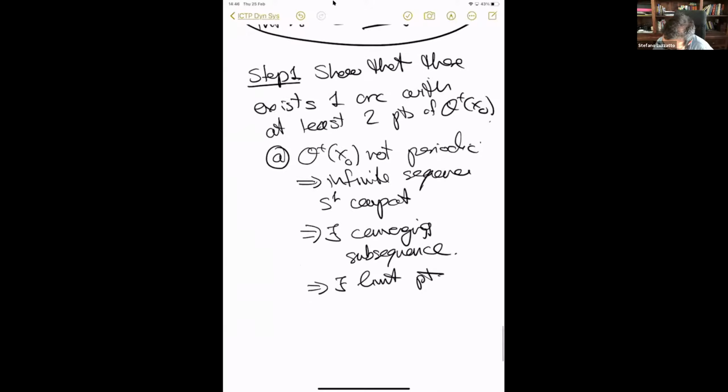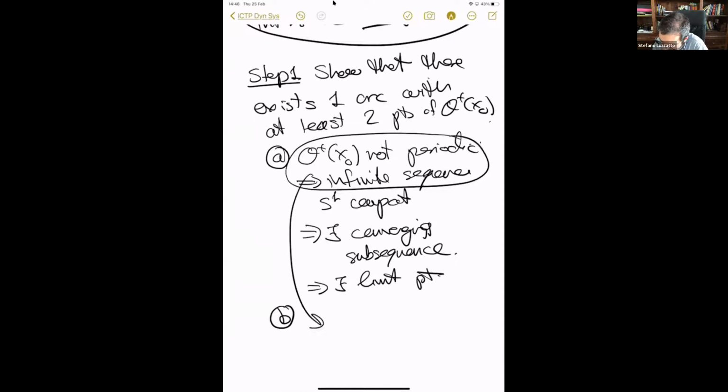Another way to see exactly the same thing: the first part is the same. The orbit is infinite and there exists a finite number of arcs. This is sometimes referred to as the pigeonhole principle.